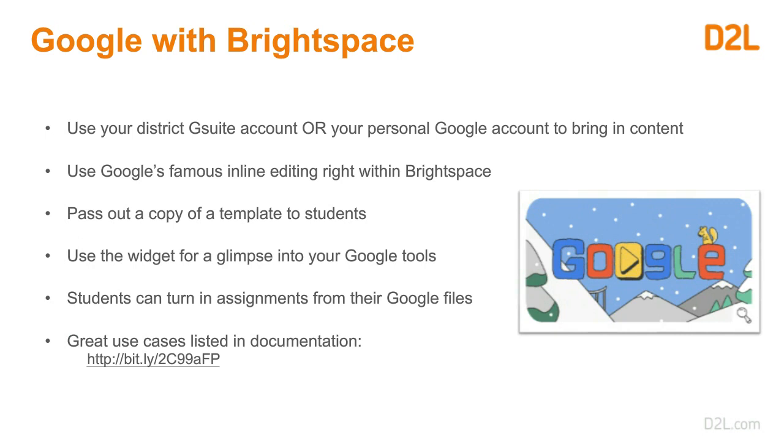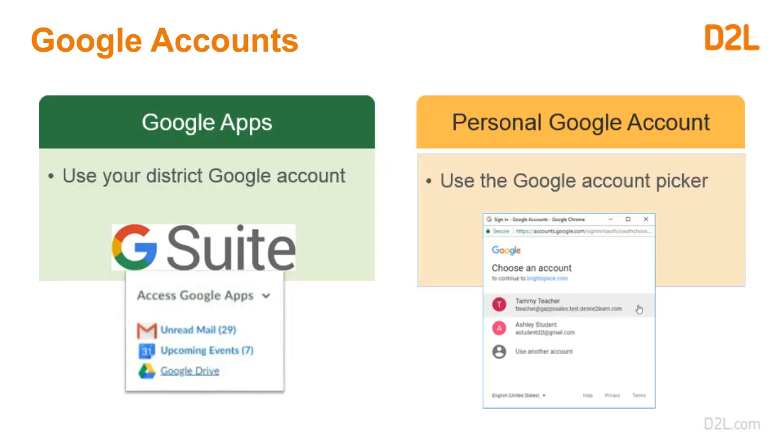Again, I really wanted to hit home that there are two variations of our Google integration. The first being that GSuite. Again, I mentioned this is where there's been some sort of IT administrator that has signed up for a Google domain, a Google Apps account, again, GSuite, GAF, whatever you want to call it, but they have signed up and you probably have an @ and then your institution name at the end of that domain.